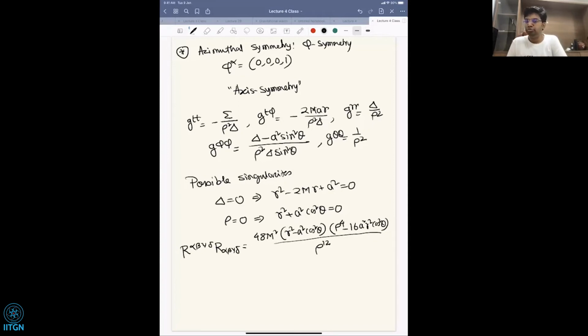You can clearly see at delta equals 0, absolutely nothing will happen. It will be perfectly well defined, just like the Schwarzschild case at r equals 2m. So in that case, delta equals 0, I conclude, is a coordinate singularity.